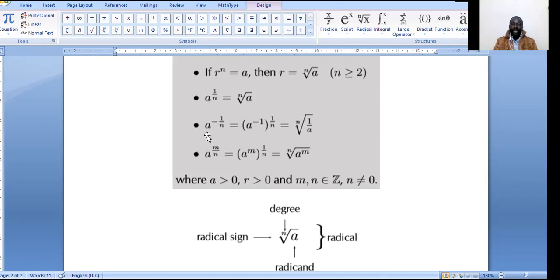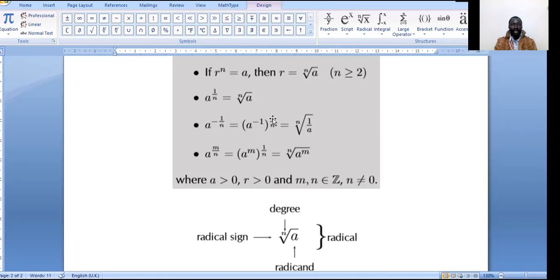The other thing is called the negative exponent or negative power. If we have a raised to power negative 1 over n, we can write this as a with power of negative 1, then we have 1 over n outside the bracket.